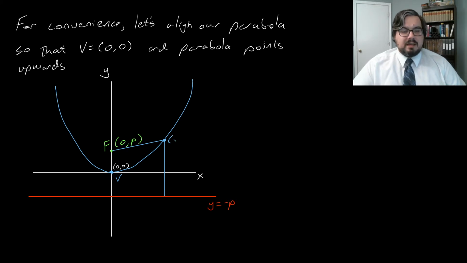So if we take a point x1, y1 on the shape defined as being equally distant from the focus as the directrix, let's see what we can say about that.